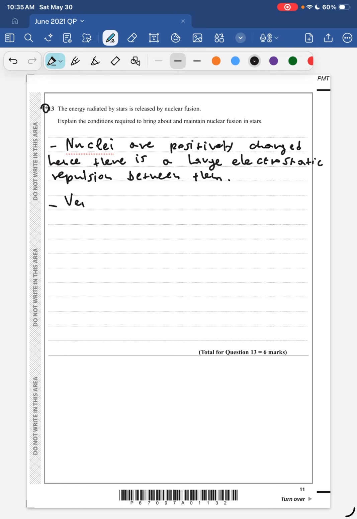So very high temperature is required so that nuclei have high kinetic energy.